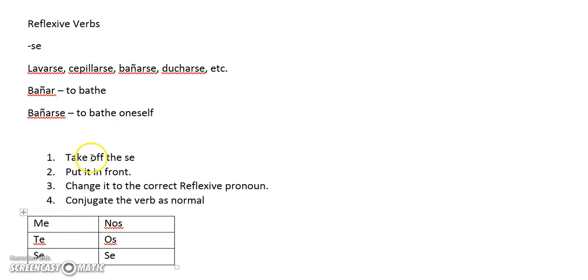You've taken off the se, you've put it in front, and you've changed it to the correct reflexive pronoun. Now you conjugate the word bañar as you normally would.